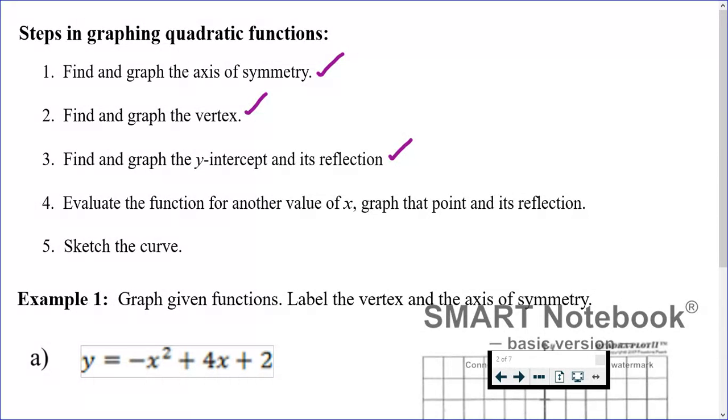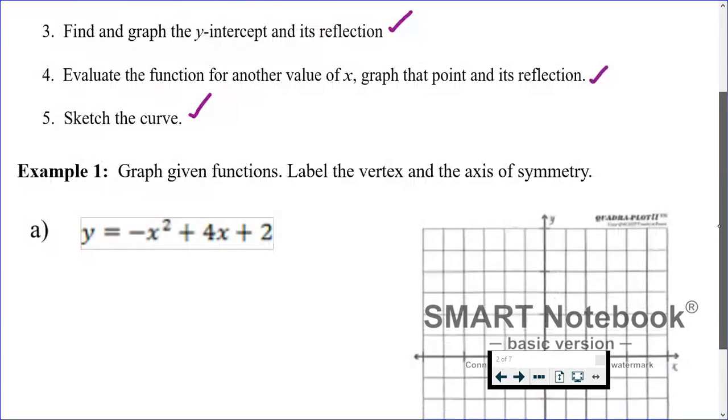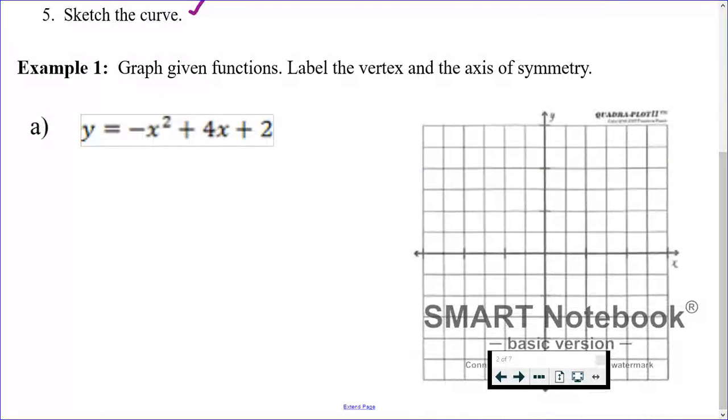So if you know one point, the y-intercept, you can get the point that corresponds to it as well. Then you're going to find one other point by evaluating the function for x and then graphing its reflection point as well. Once you have all those points, you can then sketch the curve.